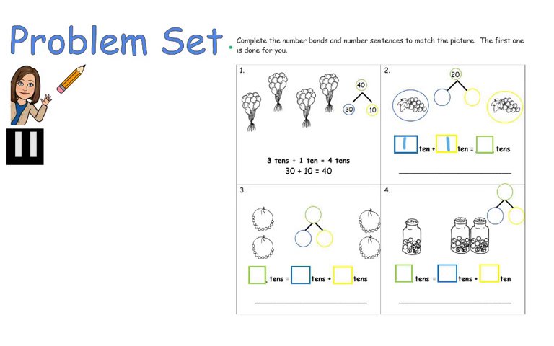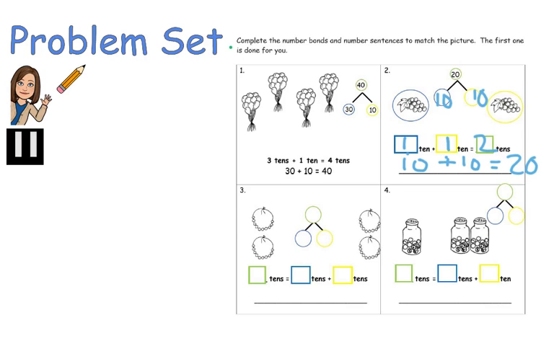Okay. So now we're going to write it in our equation. So we have 10 and 10. So it says 1 ten plus 1 ten equals 2 tens. So we have 10 plus 10 equals 20.